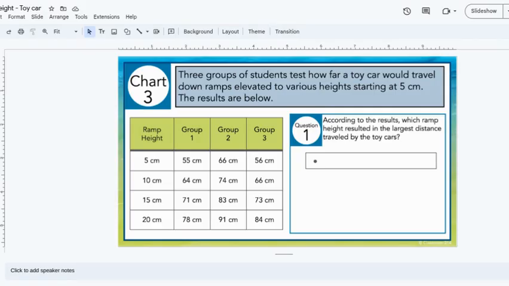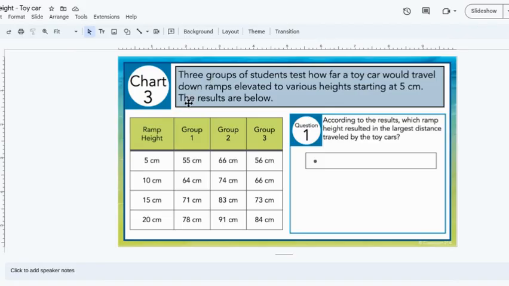Three groups of students test how far a toy car would travel down ramps elevated to various heights starting at 5 centimeters. Okay, the results are below. So, independent variable, we need to think, what can we change? What is changing? Well, we've done this in science classes that you've taken before.